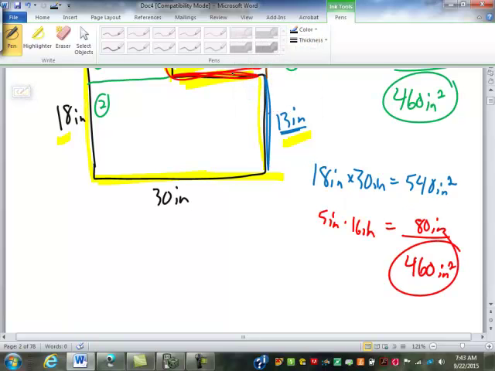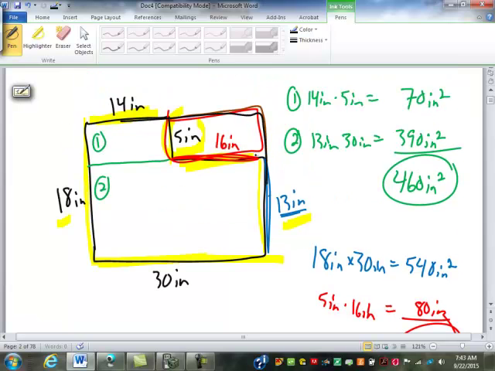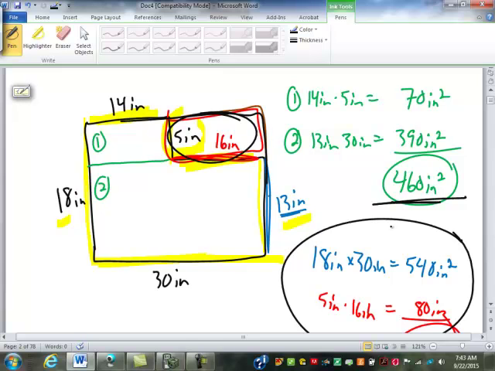Make sense? So instead of cutting into smaller pieces, I made it a bigger rectangle and I subtracted back out the pieces that were missing. Now in a case like this, either method's about the same amount of work. Cutting into smaller pieces and adding them up, or making it bigger and subtracting out missing pieces. But there will be times where only one method will work.